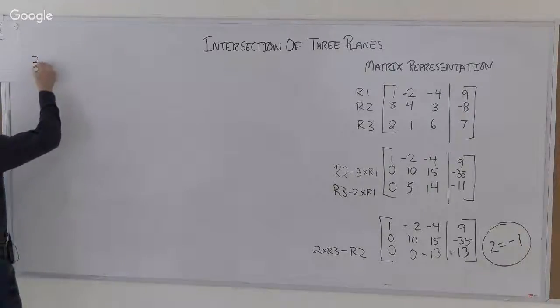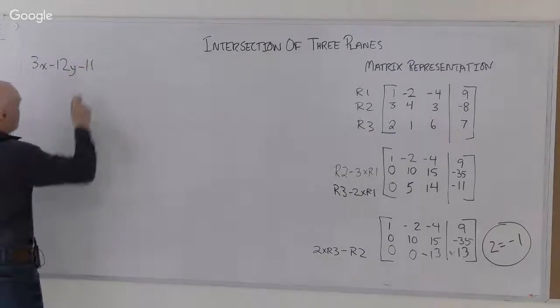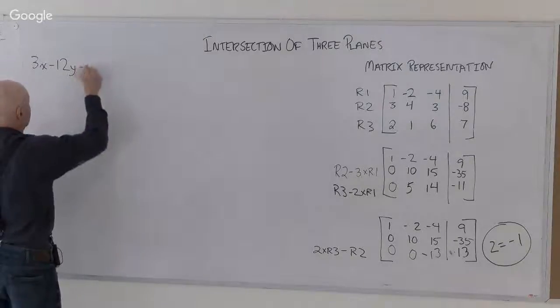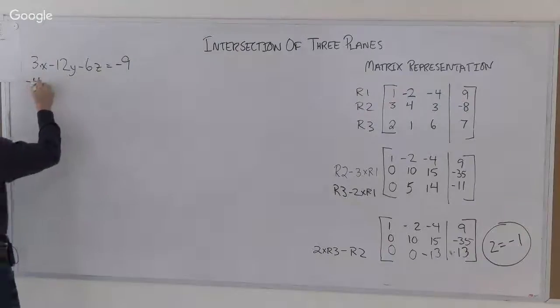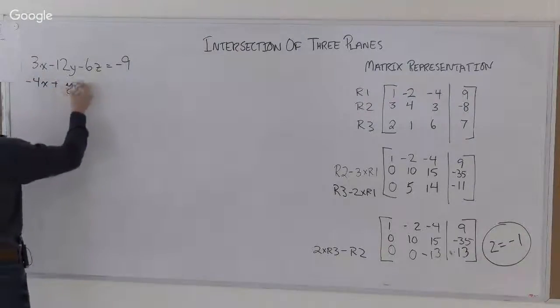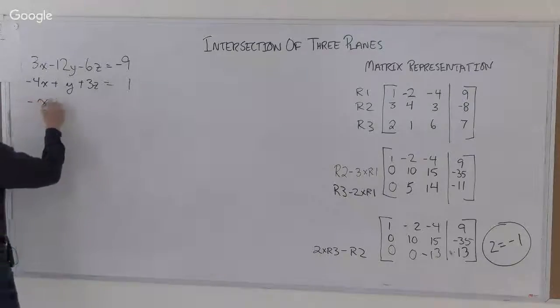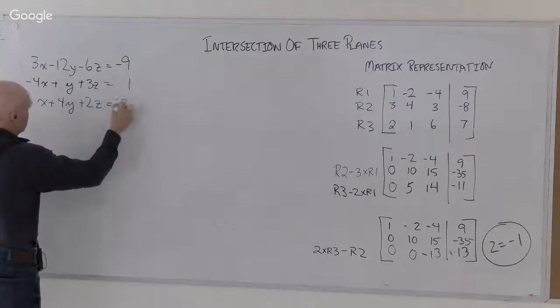So here's my equation: 3x minus 12y minus 6z. Negative 4x plus y plus 3z. Negative x plus 4y plus 2z. Okay.